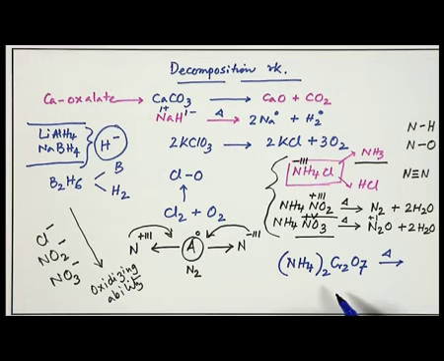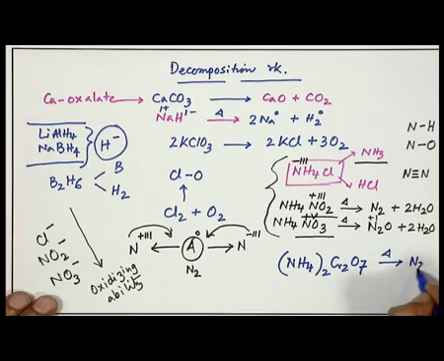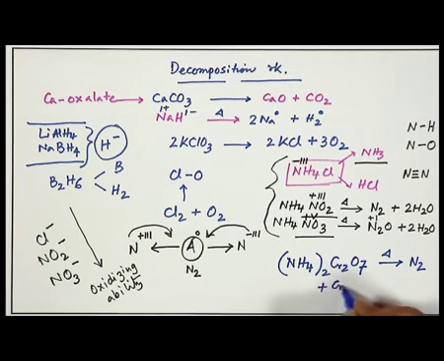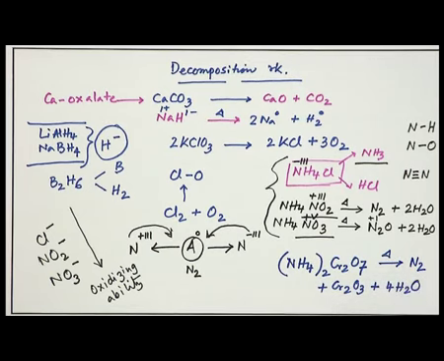So, this dichromate decomposition also takes the reaction to the production of N2, and along with this N2 we have Cr2O3 and water molecules. So, it resembles a volcanic eruption, producing sparks and a large volume of green ash.